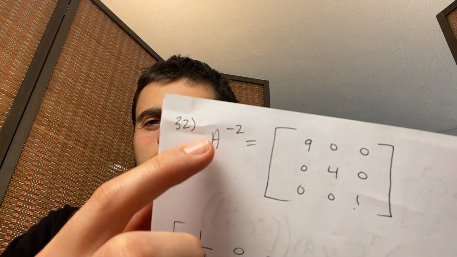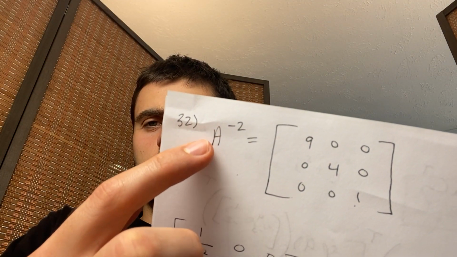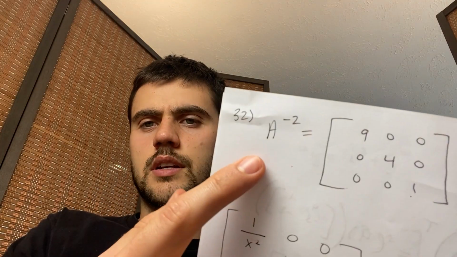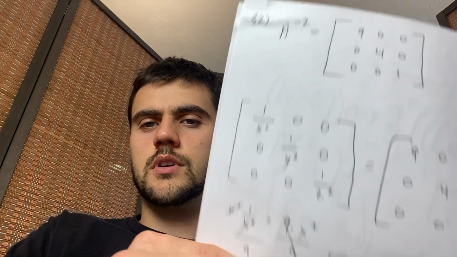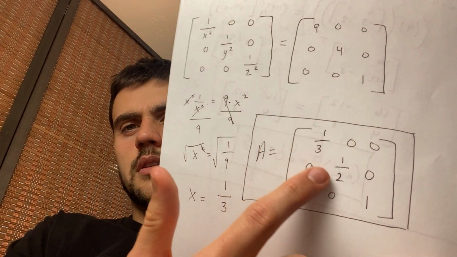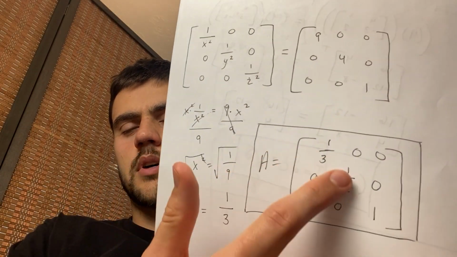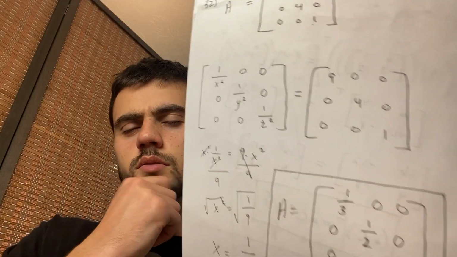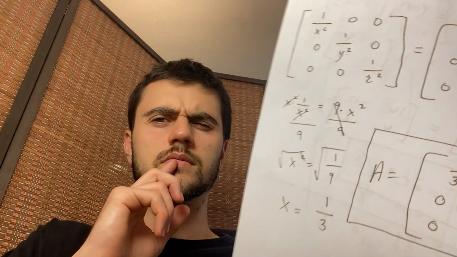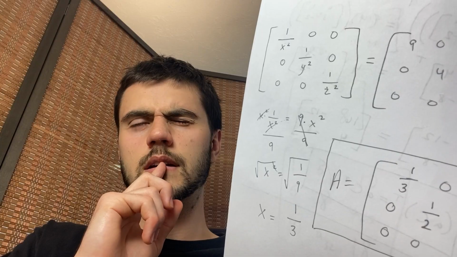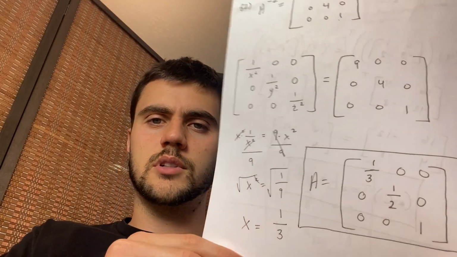This next one was finding a matrix A that satisfies the equation A to the -2 equals 9, 4, 1, which we found to be this is a possible one. I think we probably could have done -1/3, -1/2, -1/2 as well, because they get canceled out.